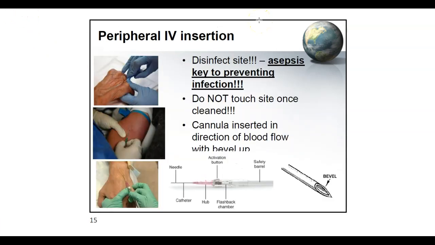Once you find a good vein, and really it's not just a matter of visualizing it, because sometimes you can see a vein, but if you're unable to palpate it, whenever you touch it, it collapses. Most of the time that's likely not a good vein, because if you try to insert an IV in those types of veins, sometimes they basically just blow on you.